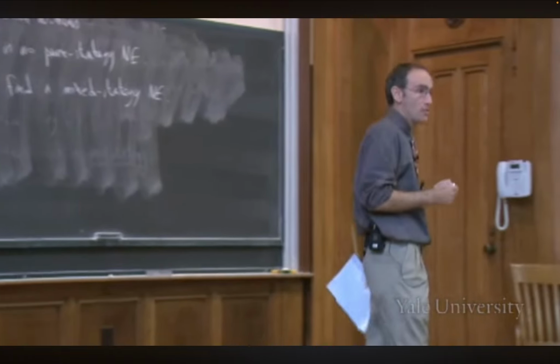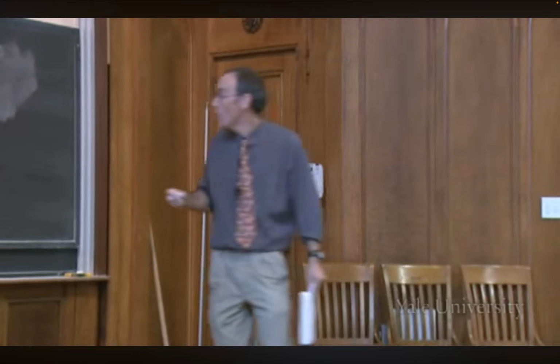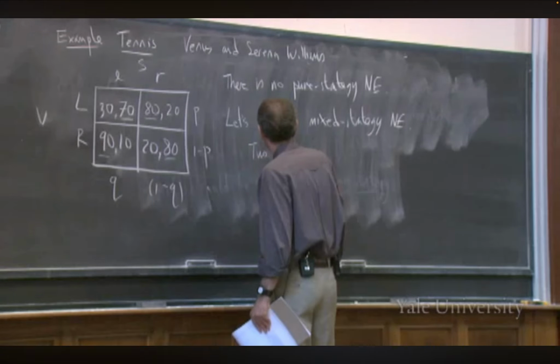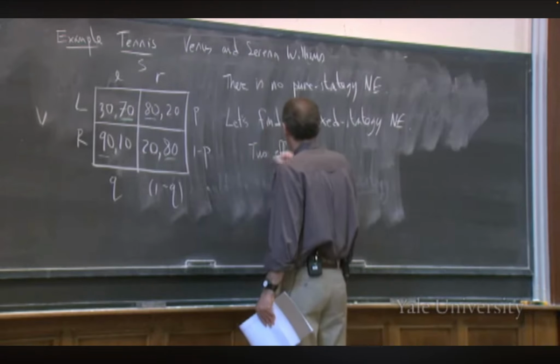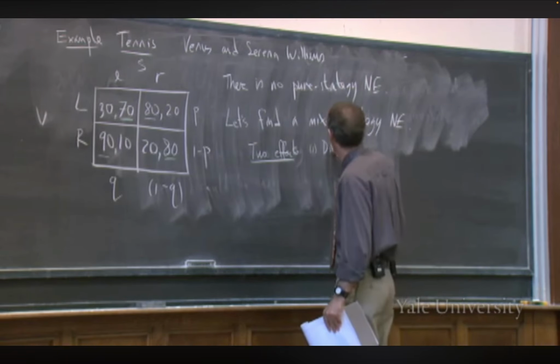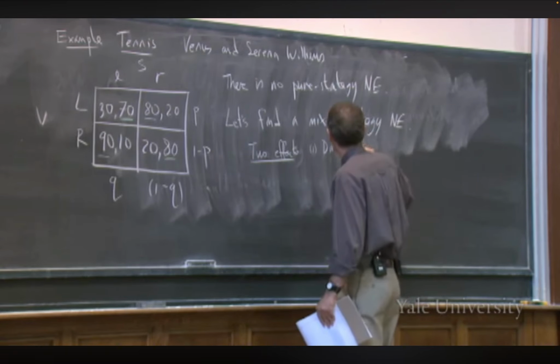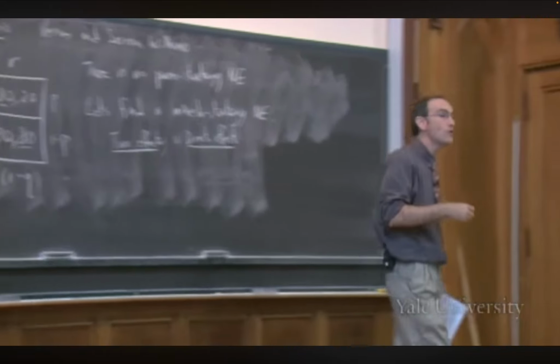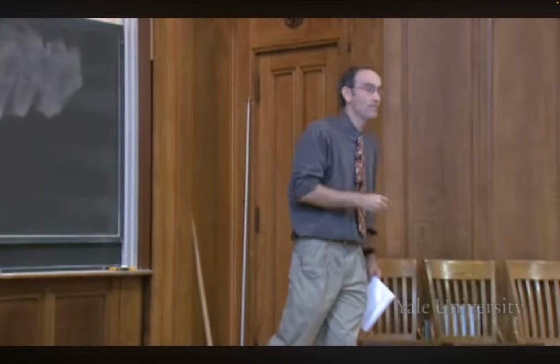So one effect, you might think, is what we might want to call a direct effect. I think there are two effects here. One of these I'm going to call the direct effect. And by effect, I mean in particular an effect on how Serena should play the game.